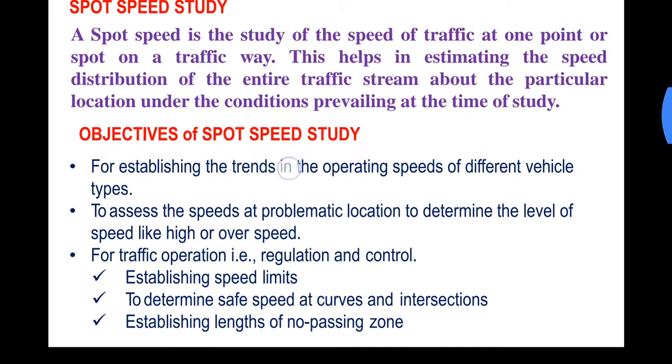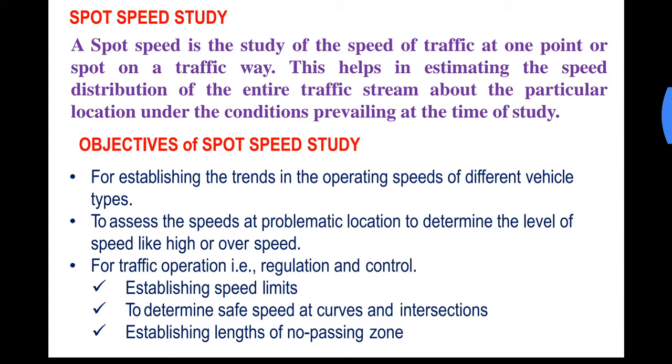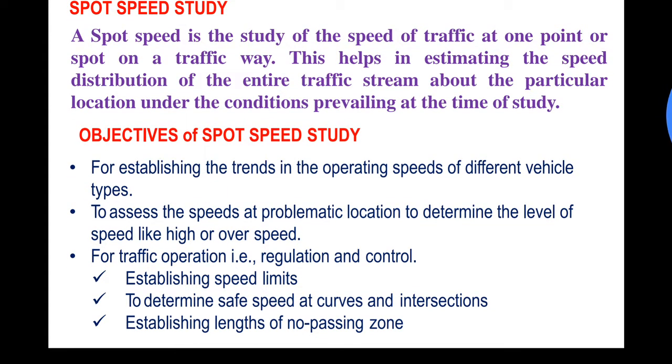For establishing the trends in the operating speeds of different vehicle types. Okay, so in order to represent speeds of different vehicles, and to establish trends between each of the type of speed distribution for a vehicle, we need spot speeds.